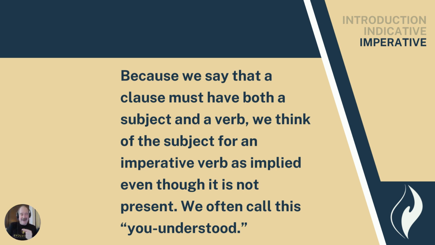So for the imperative mood, we just sort of say that the subject is implied. We understand it even though it's not present, and we understand it to be you. You fetch, you stop. And so we sometimes call this you understood as the subject for the imperative mood.